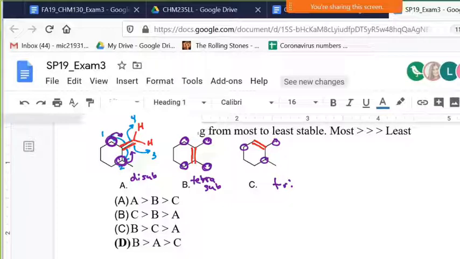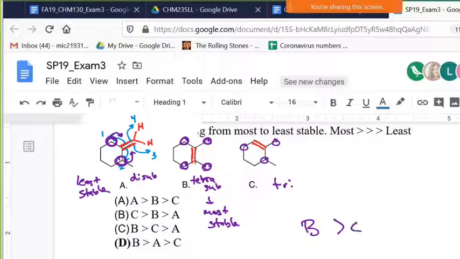Remember, the more substitution, the harder it is for the electrons to get out of the structure. So tetra-substituted ends up being the most stable. Di-substituted ends up being the least stable. So we should move, in this case, B, C, A.